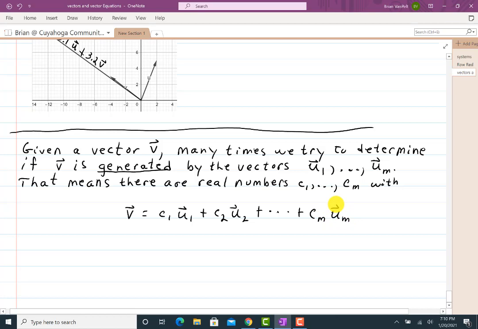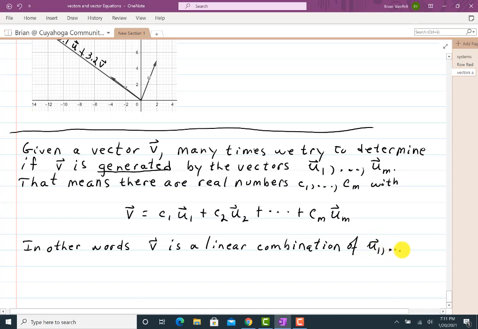So that's what we call V is generated by the vectors U1 up to UM. In other words, V is a linear combination of U1 up to UM.